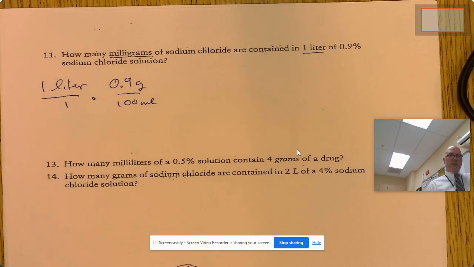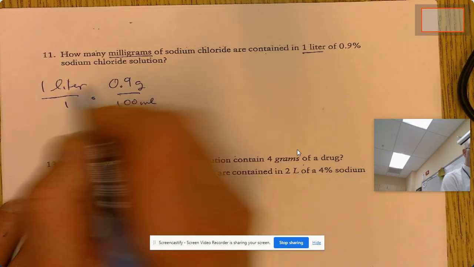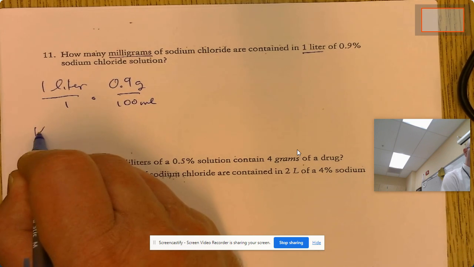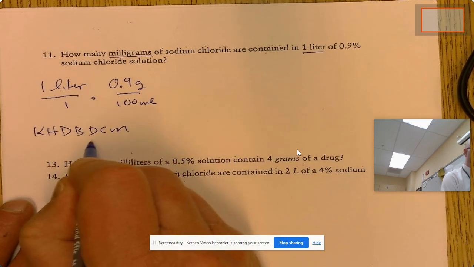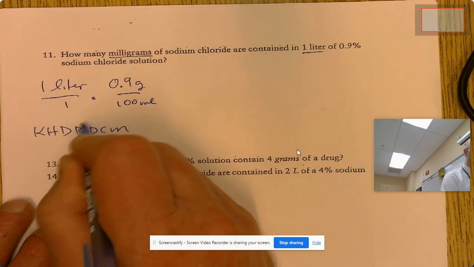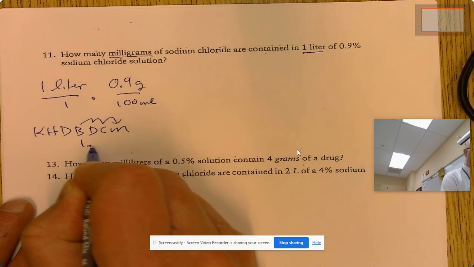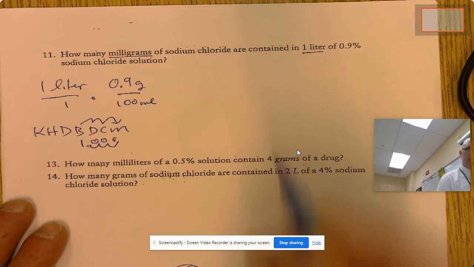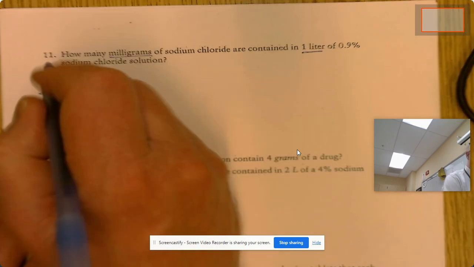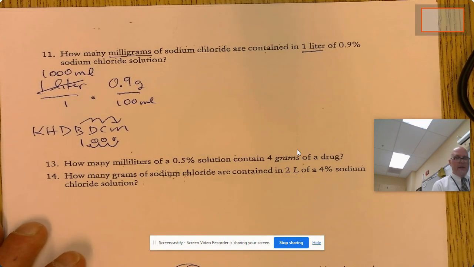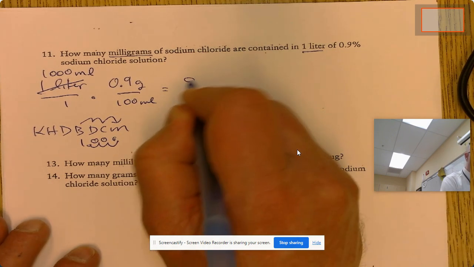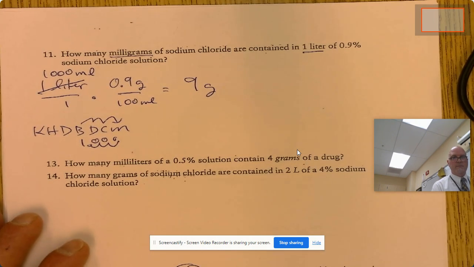So anyone in this spot would notice that I don't have everything lined up. So I've got to make this into milligrams. So if I go down my list of how to change something from 1 liter to milligrams, I'm going to have to add a certain number of zeros to make that work. So I change this to 1,000 milliliters. And I'm going to get an answer for grams here, which turns out to be 9 grams.